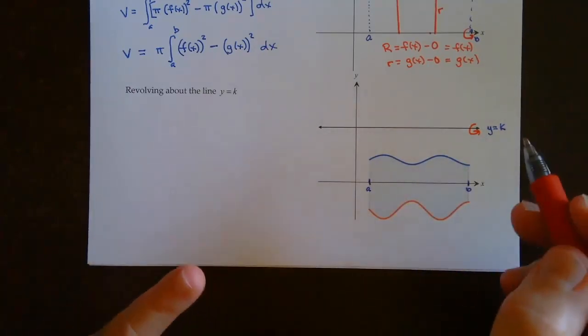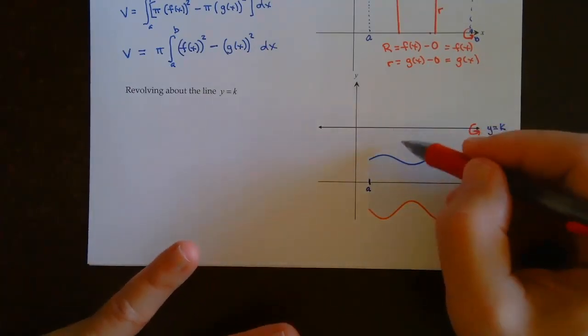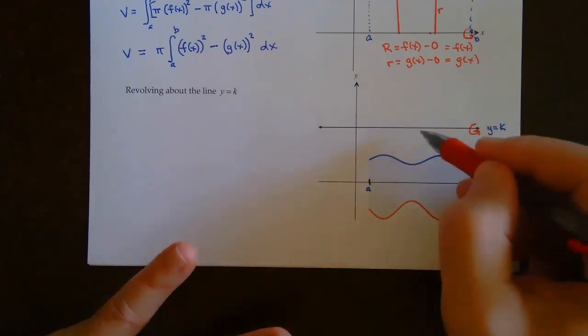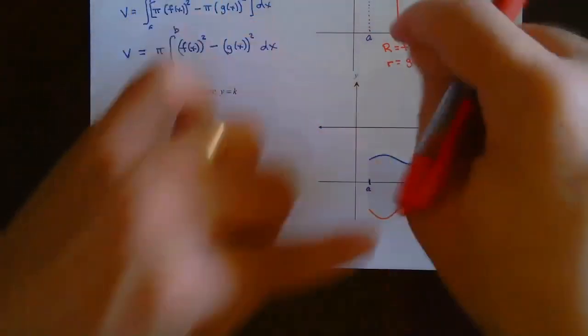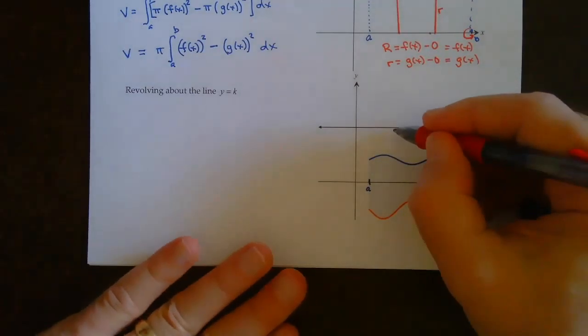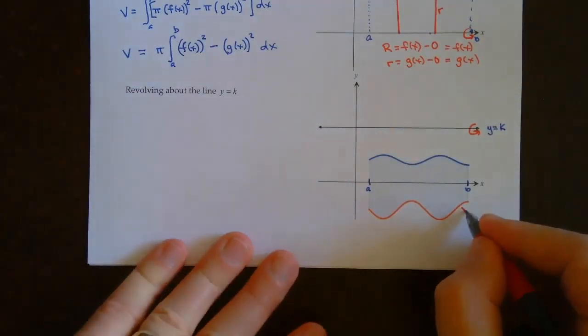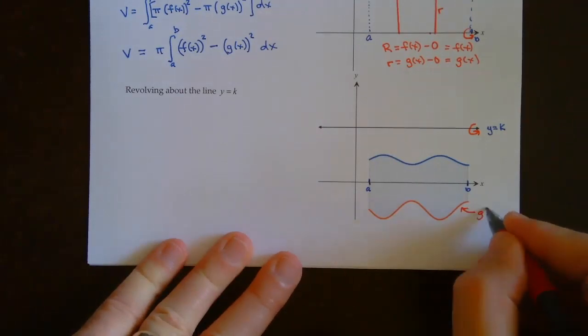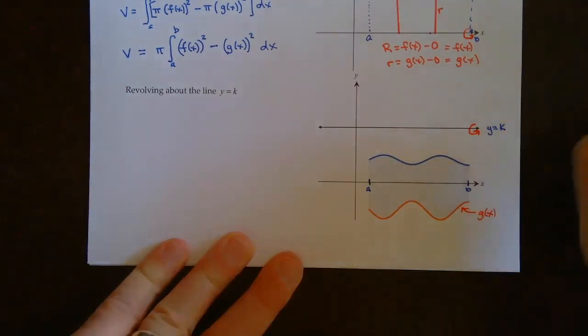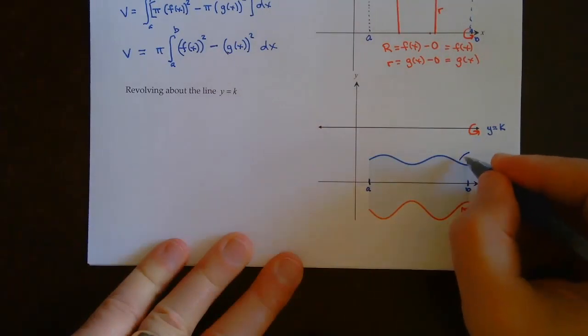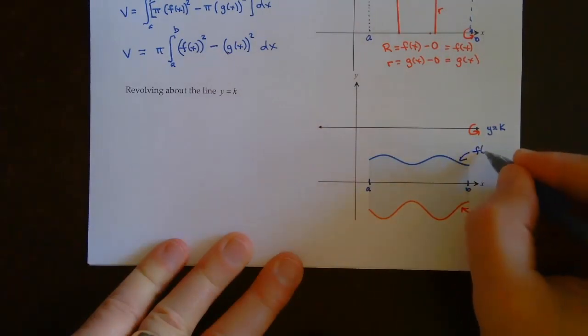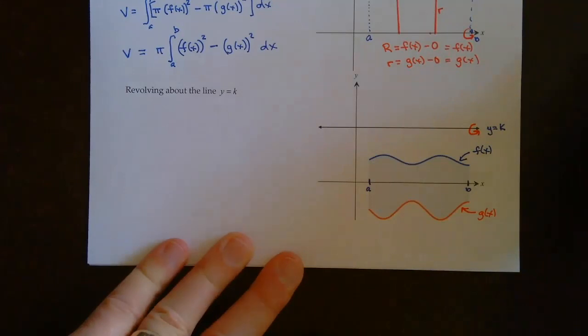So I always want to go perpendicular to that because that's going to be the radius. The radius will always be perpendicular because you're turning it around this thing, okay? So I'm going to draw it perpendicular to the curve that's farthest away, which would be this one. And I should say this right here, the red one is still going to be g of x. And the blue one is f of x, okay?